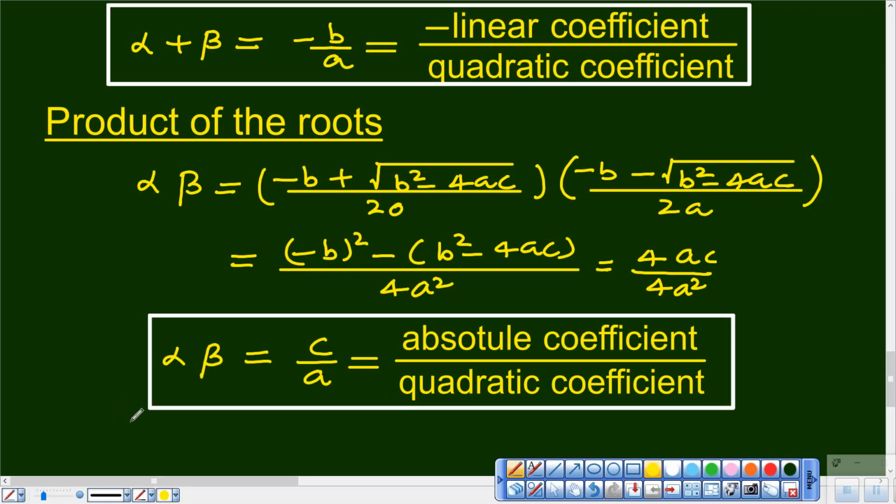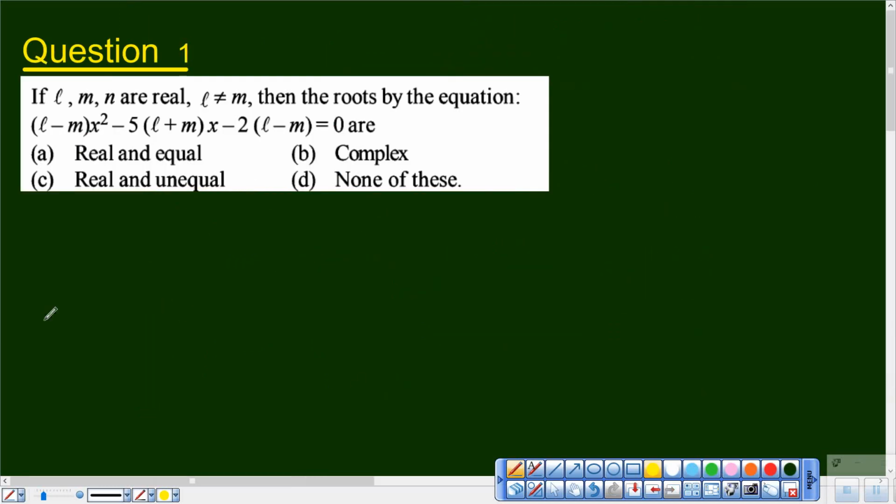Let us now take examples to apply the concepts that we have learned. So the first question is, if l, m and n are real and l is not equal to m, then the roots of the equation this are. We have to judge the nature of the roots. Out here you can see that my a, the quadratic coefficient, is nothing but l minus m, right?